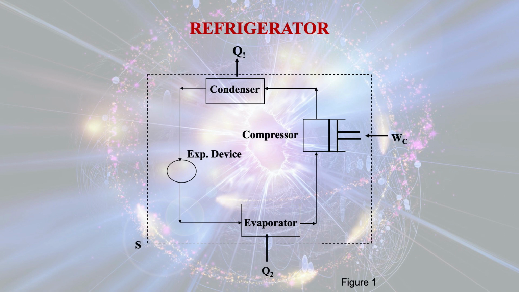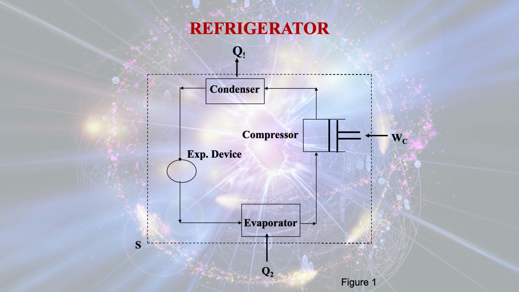This is the block diagram of the refrigerator. In this case, you see that there are 4 important components. One is the expansion device, second one is the evaporator, third one is the compressor, and the fourth one is the condenser. Now, at the beginning of the evaporator system, the very cold refrigerant is entering into the evaporator, and you know very well that heat will always transfer from a hot body to a cold body.